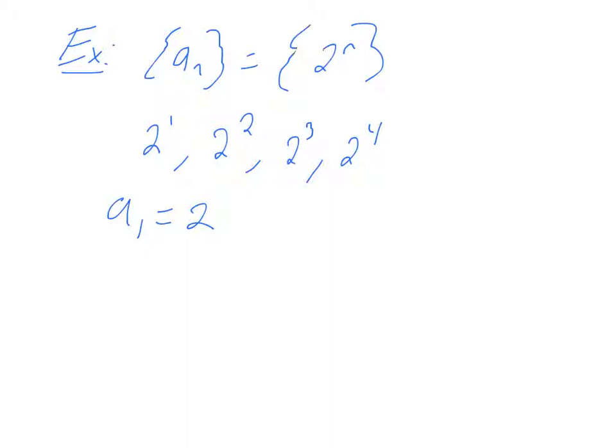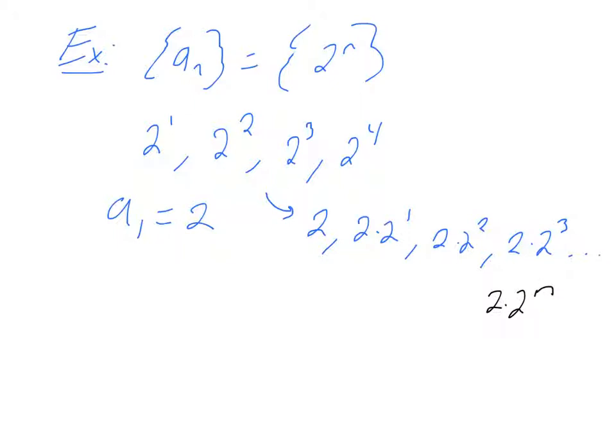So what we're seeing here, if I rewrite this, I'll get 2 times 2 to the 1, 2 times 2 to the 2, 2 times 2 to the 3, right? If we write this in terms of a sub 1 being multiplied by 2 to the 1, being multiplied by 2 to the 2, being multiplied by 2 to the 3, right? It sort of follows that the nth term is going to be 2 times 2 to the n, right?